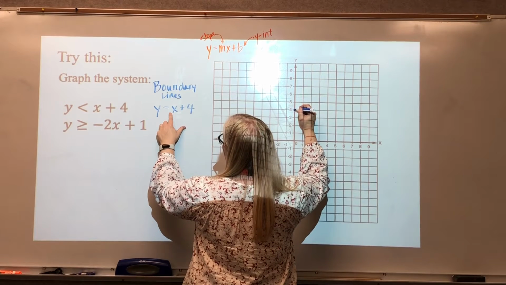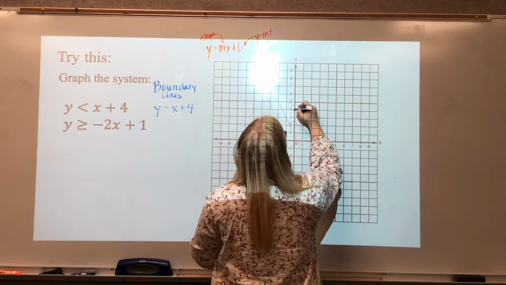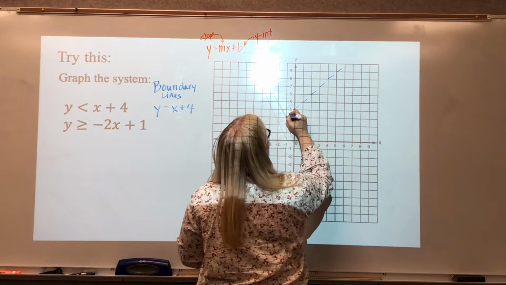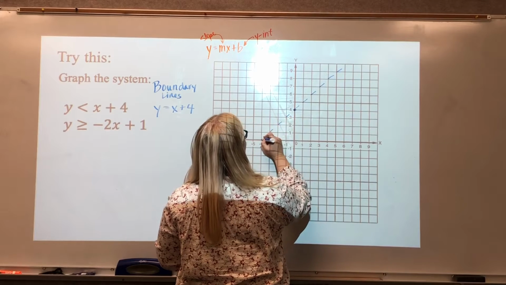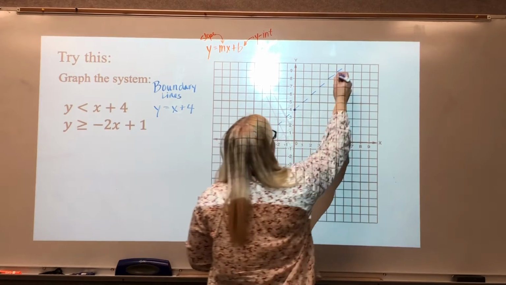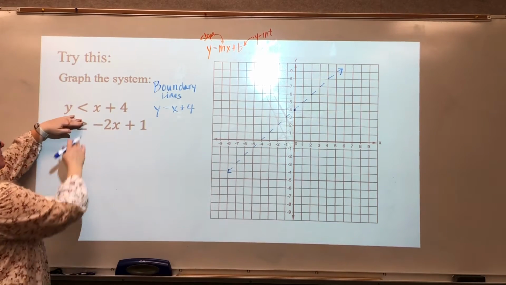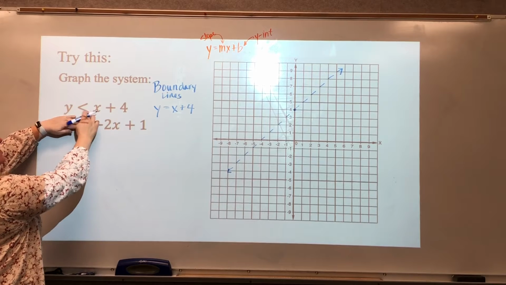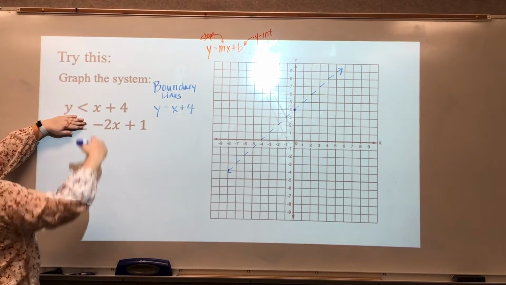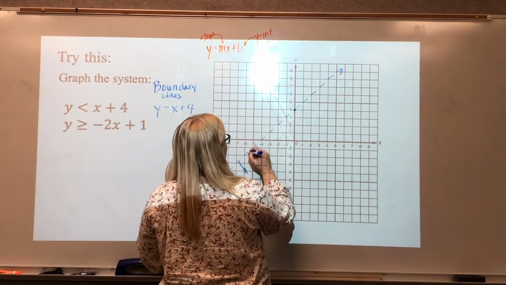My slope is 1 over 1, and it is going to be dotted or dashed, I guess mine's more like a dash. Okay, and since y is by itself, I can look at this and know that I can graph below, because y is less than. So this is going to be below the line.